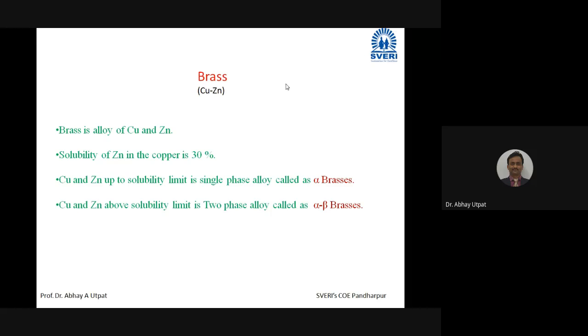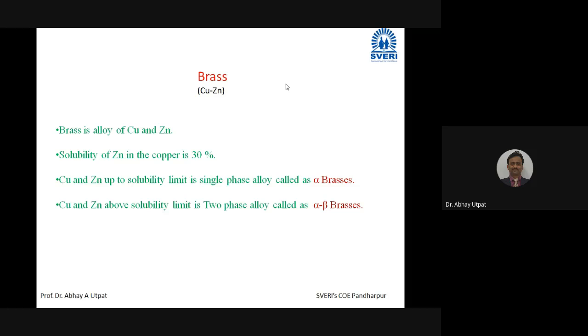Copper and zinc above the solubility limit is a two phase alloy called alpha beta brass. The logic of alpha and beta: in the iron carbon system, we have given names to the phases alpha, beta, gamma, austenite, delta ferrite, etc.